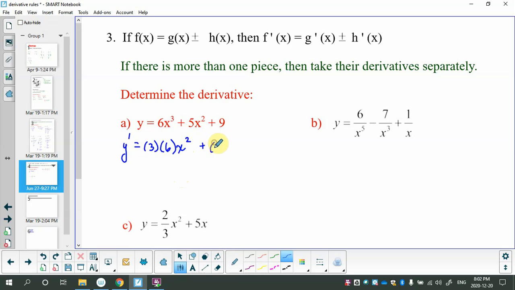Plus, drop the 2, write the 5, write the x, make it 1 less. So that's a 1. And there's a constant, so anytime you're taking the derivative of a number, a constant, that's 0. So you wouldn't even need to write that down. So our answer for this question is 18x squared plus 10x plus 0, which I'm not writing down.